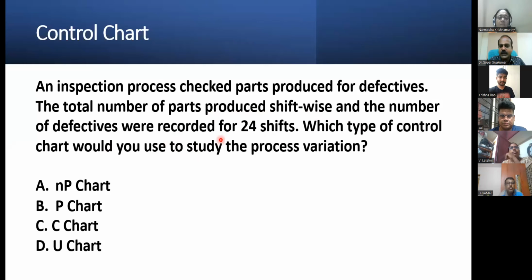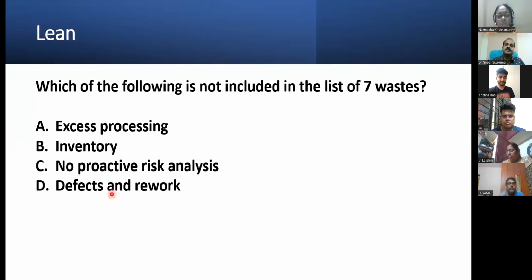Which type of control chart will you use? The number of parts produced every shift can be variable, isn't it? Sometimes it is 35, sometimes it is 45. So variable. P chart for variable sample size, NP chart for constant sample size.